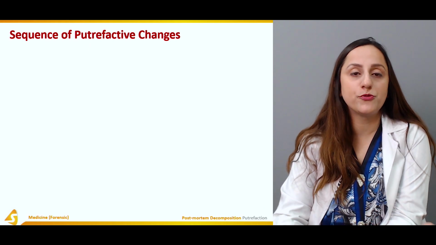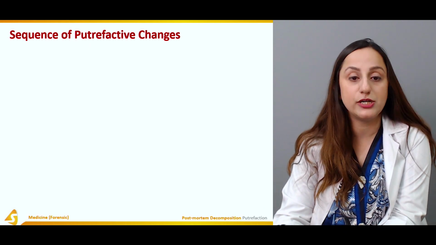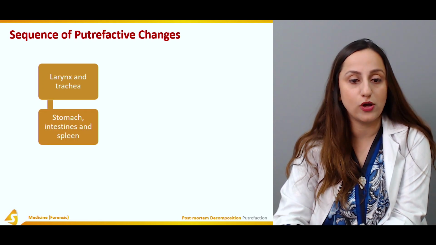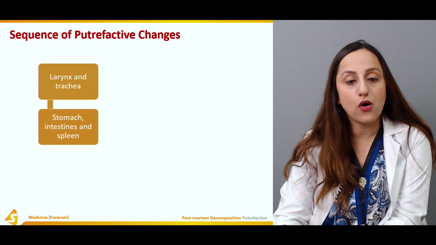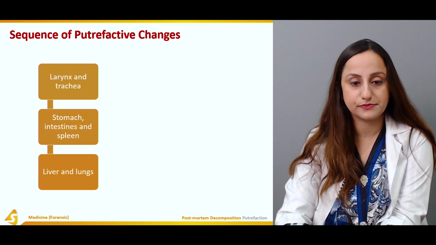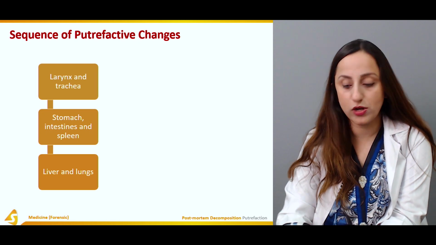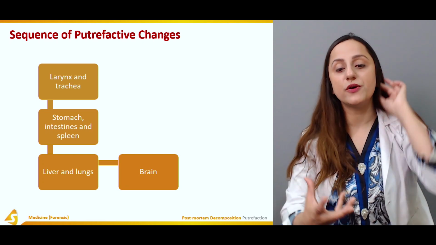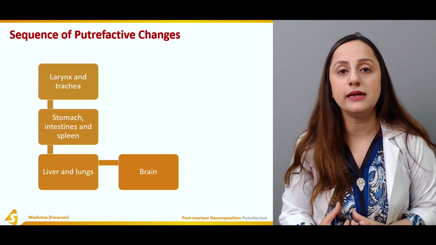Now, the sequence of putrefactive changes that will come into action is basically that the larynx and the trachea are first of all involved. Moving on to the stomach, the intestines, and the spleen. The liver and the lungs are involved afterwards. And finally, we have a liquefactive putrefaction in the brain.